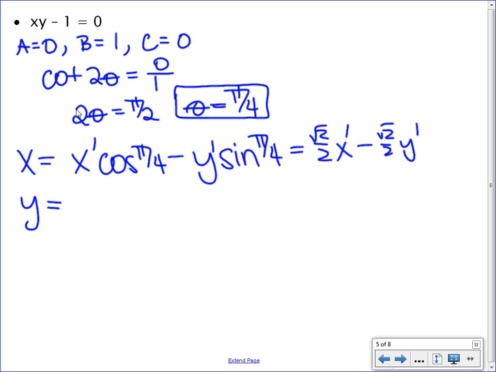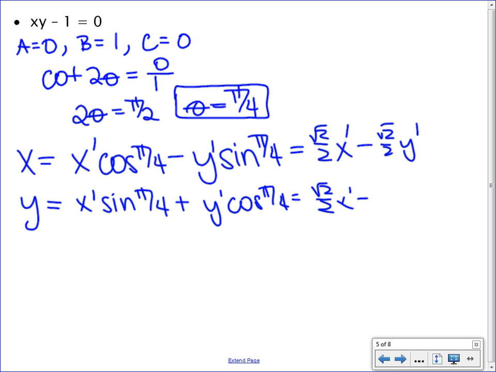So we have radical 2 over 2 x prime plus radical 2 over 2 y prime. Now we have our new x and y. We're going to actually make those substitutions.